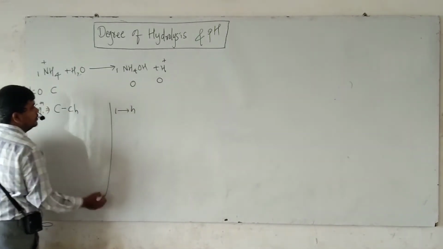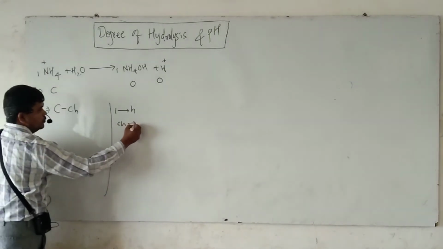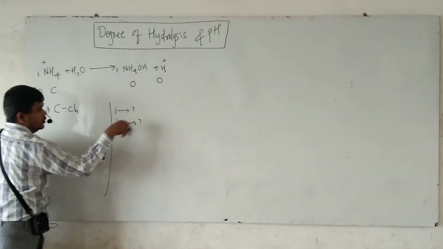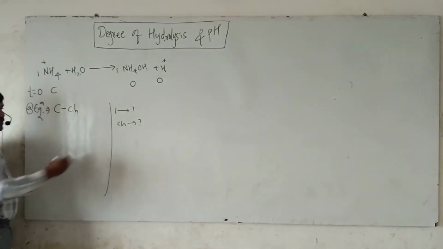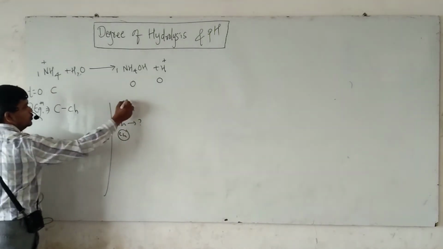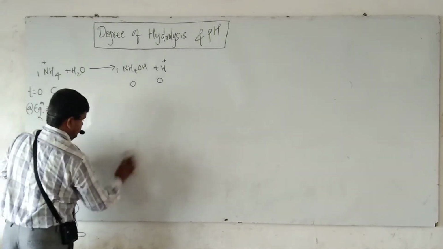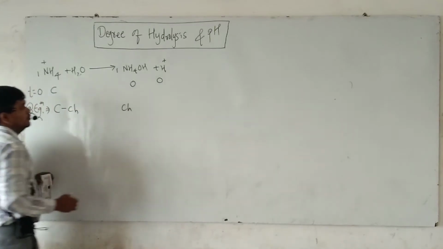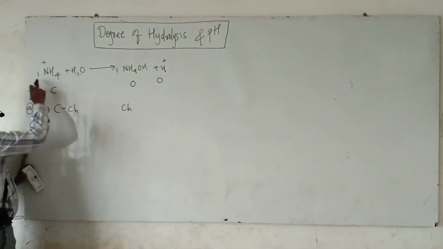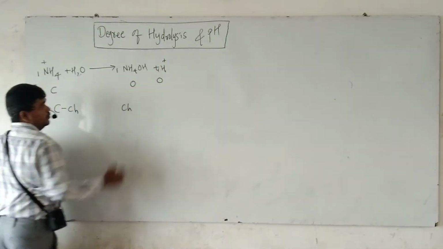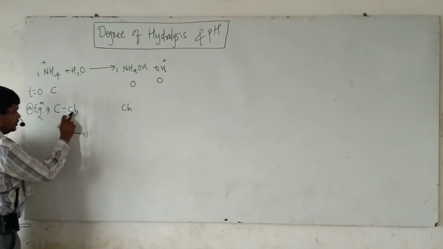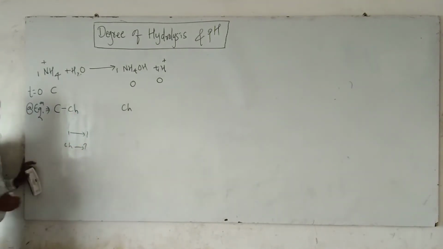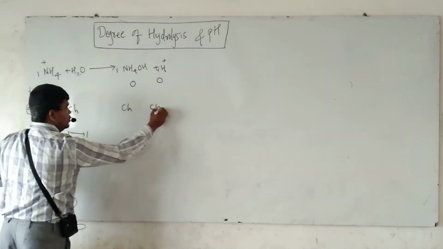If 1 gives 1, then CH will give how much? Cross multiply. The answer will be CH. So CH will be the concentration of NH4OH. Again, 1 gives 1. If 1 gives 1, then CH will give how much? Again, cross multiply, the answer will be CH.